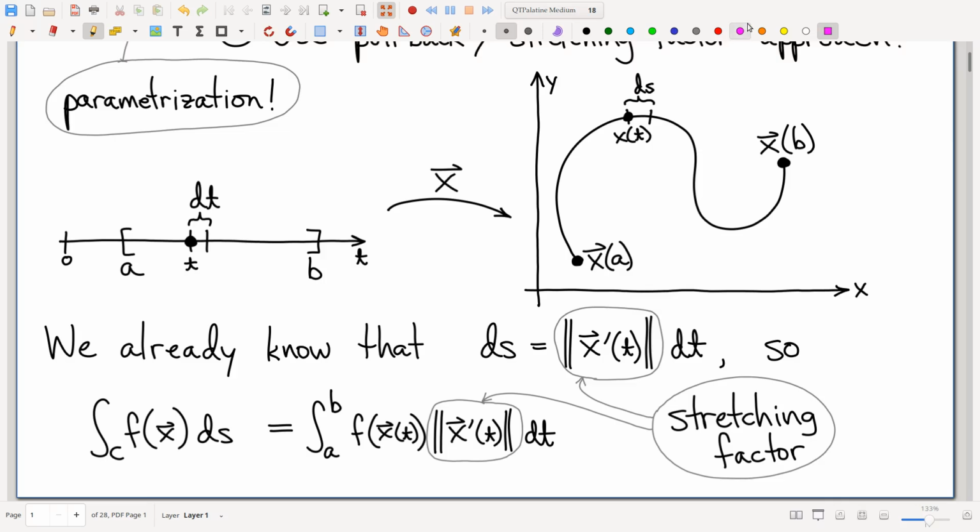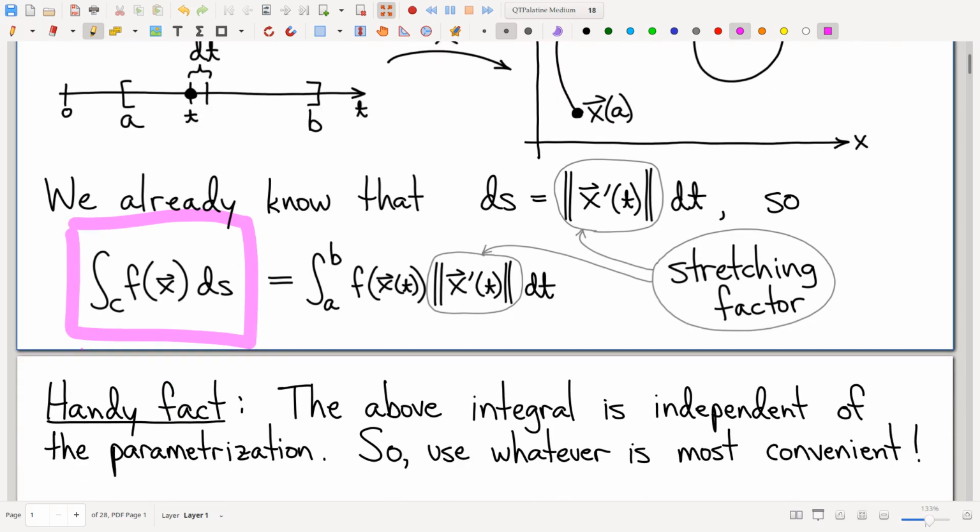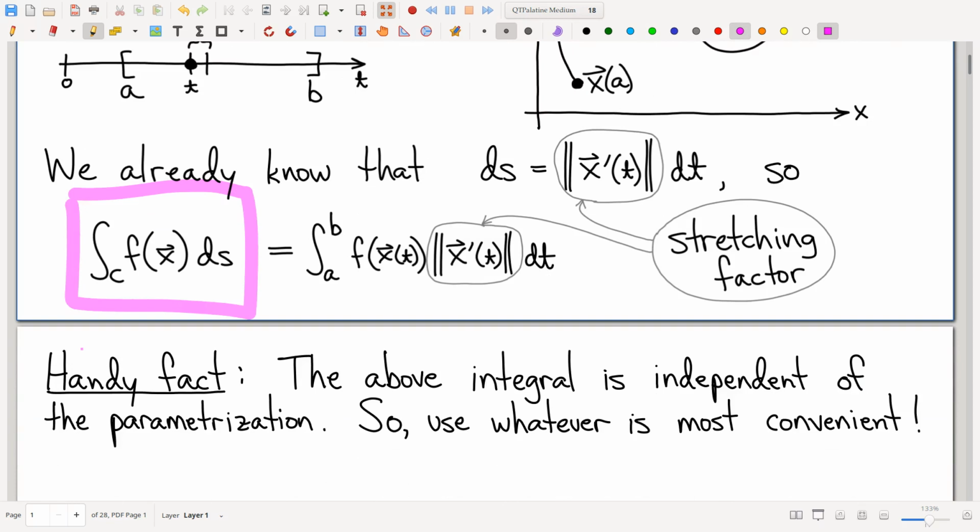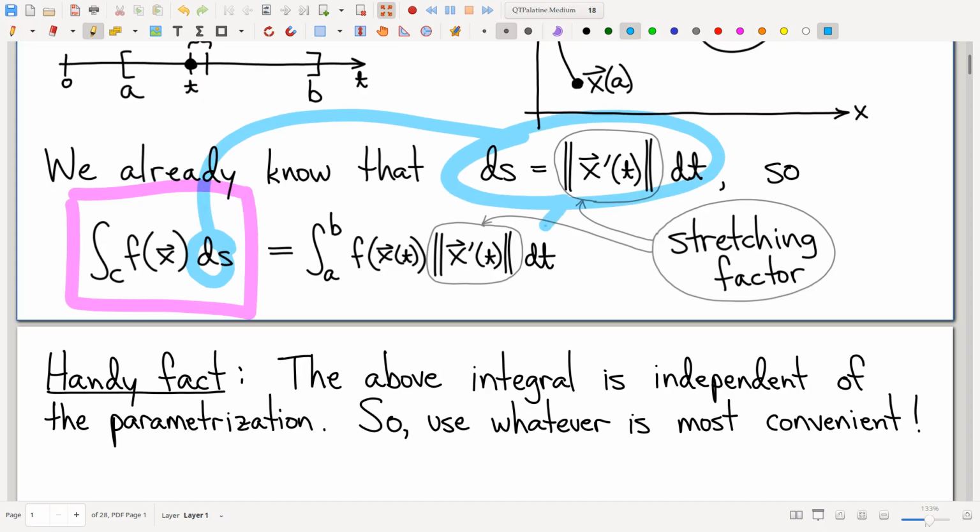So our scalar line integral, our brand new tool for how to compute dimensionally weird integrals, is pretty well addressed by just saying ds is magnitude of x prime times dt. Don't forget to plug in, right?